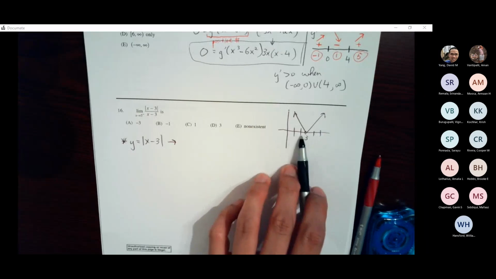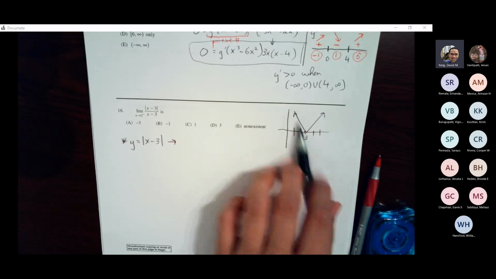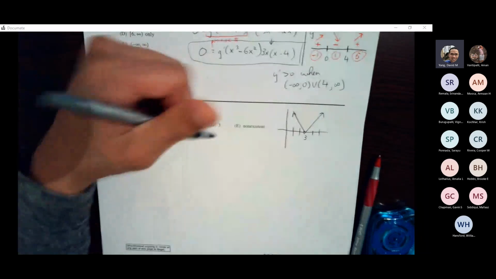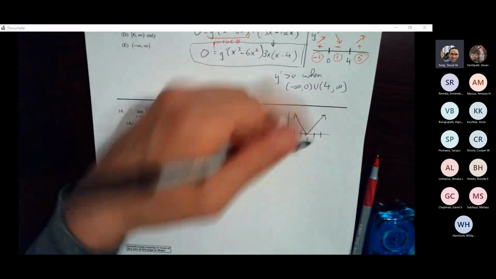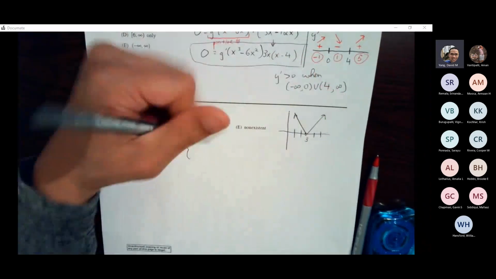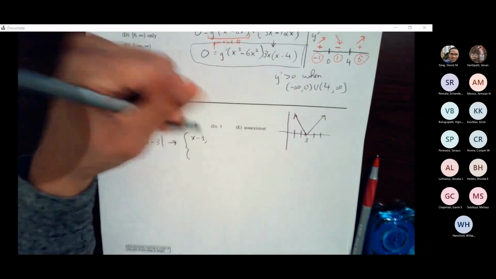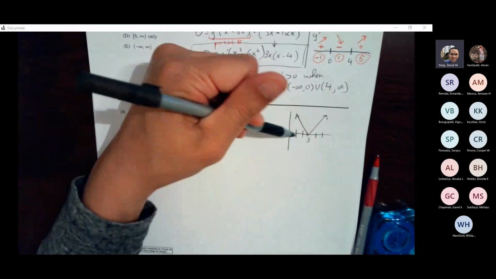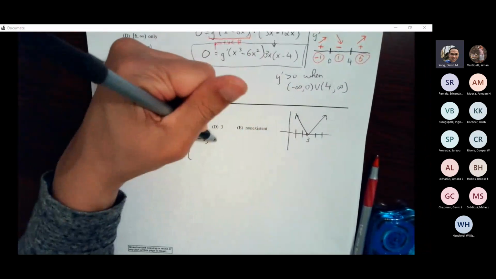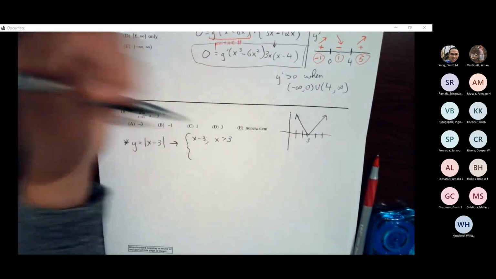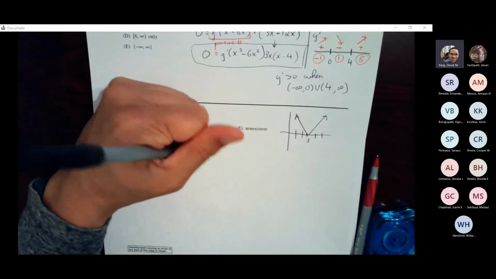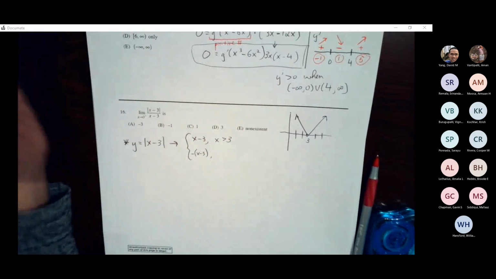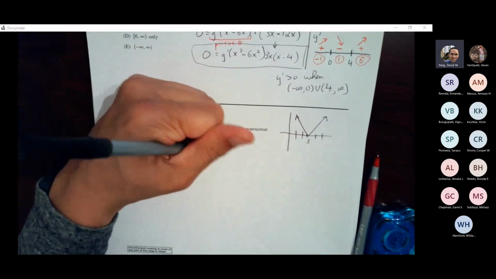So how can I write this as two separate linear functions? It's made up of x − 3, the positive slope version, which lives to the right of 3. And then you also have the negative version of it, which is −(x − 3), and this graph lives to the left of 3.